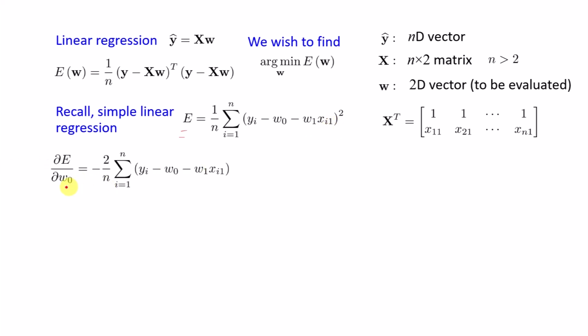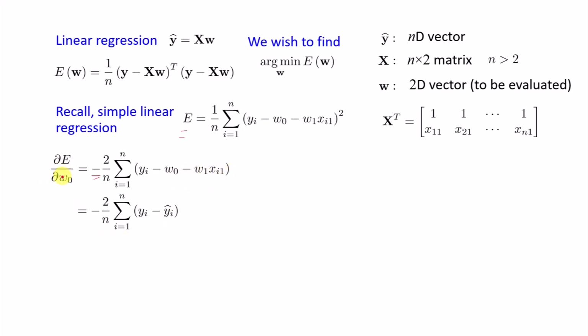So del E del w0, if I take a derivative of this, then 2 will come out of the summation. Whatever is within the first bracket will remain there, only the square will go out, and because w0 has a minus sign here, a minus will come. So minus 2 by n and whatever is within this first bracket. I can write this as yi minus yi hat, because yi hat is this w0 plus w1 xi1.